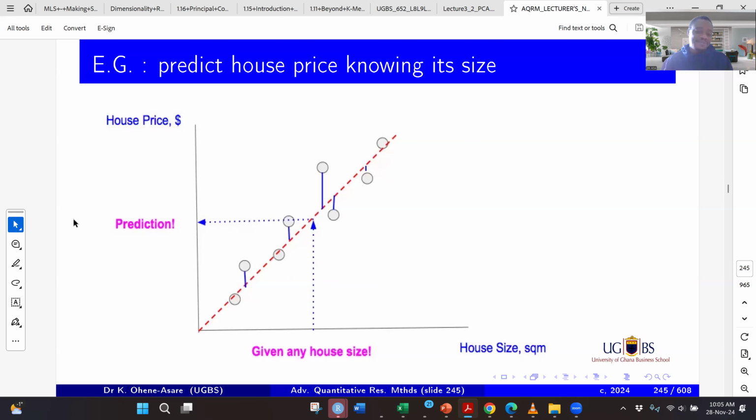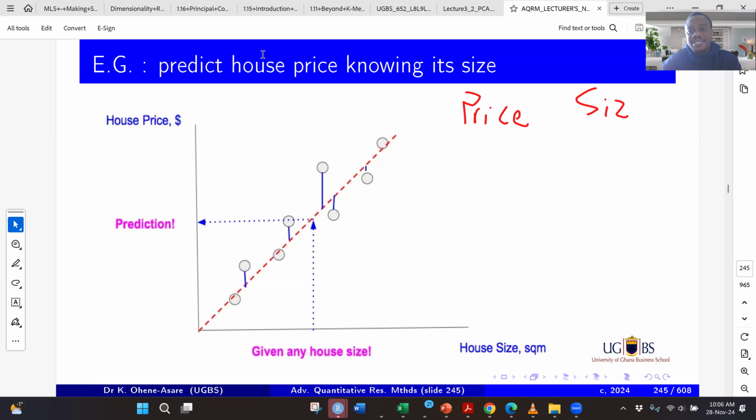How is it done? In order to appreciate how it is done, let me give you a very simple scenario. Take a very small sample of data, with the price of a house and the size of the house in square meters.